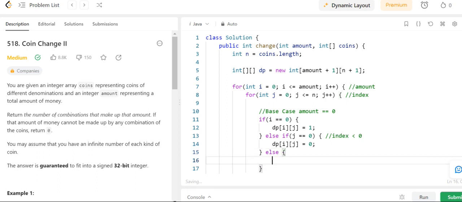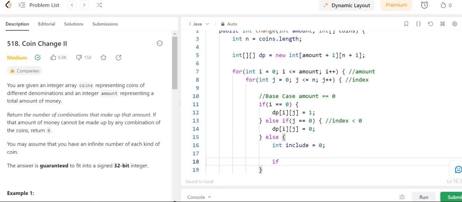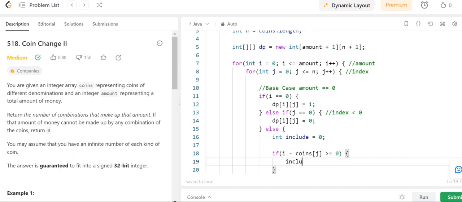Else we're going to do include and exclude. So integer include is equal to 0, and if i minus coins of index, which is j, greater than or equal to 0, that means our include will be equal to dp of i minus coins of j, that row, and column we are not decrementing the index, so index will be j.